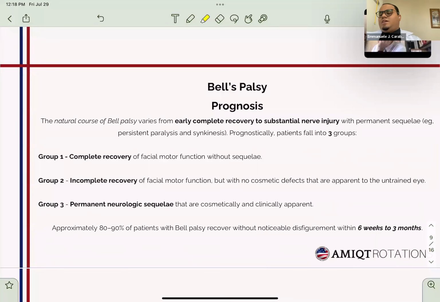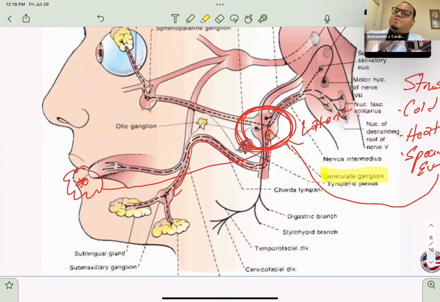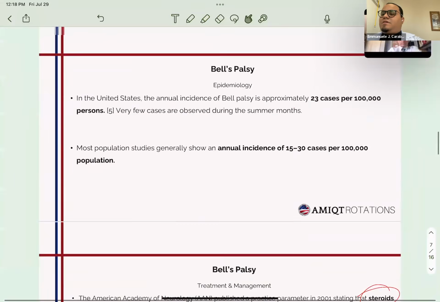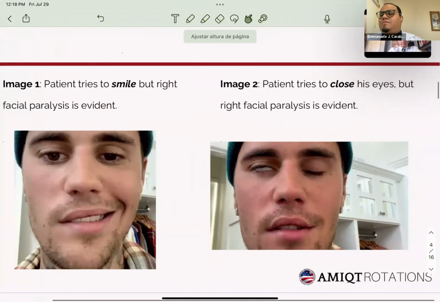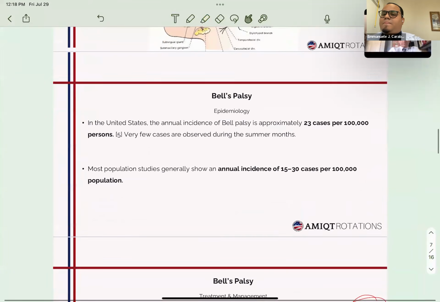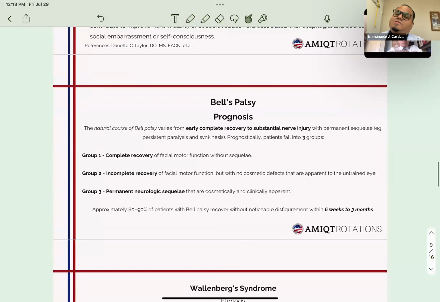Now, I explained to you here that when the inflammation occurs, a demyelinization process starts. Some people recover completely, some people don't recover at all. Usually they have cosmetic problems because of the paralysis, as you can appreciate here. Can you imagine not being able to close your eyes and having that kind of appearance? There are three kinds of recovery based on prognosis. Complete recovery, where the patient recovers everything.